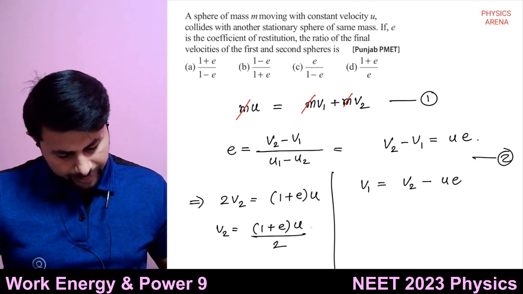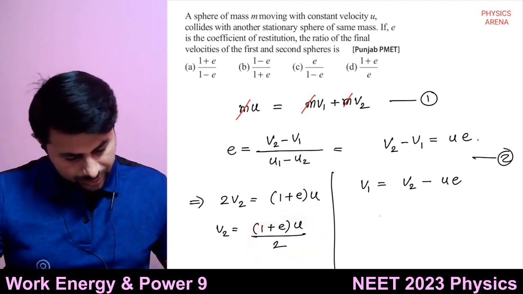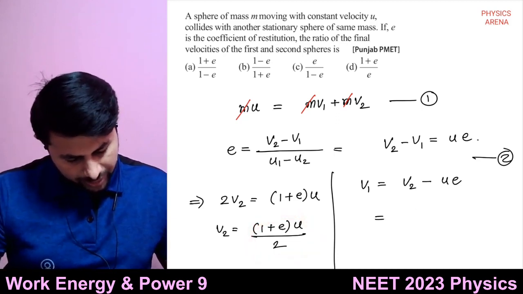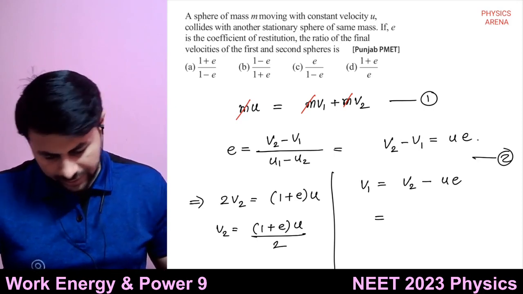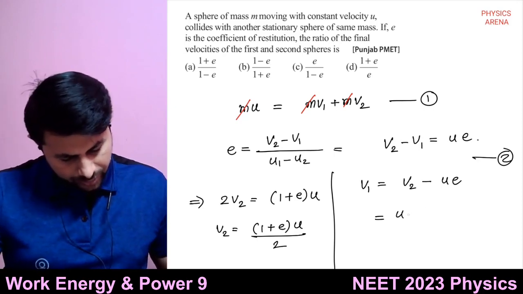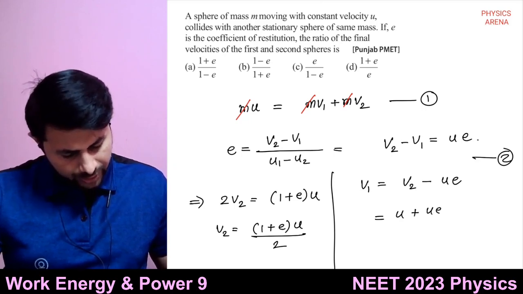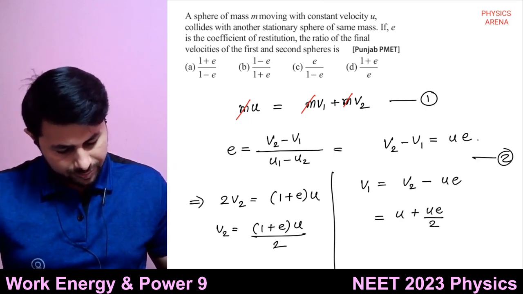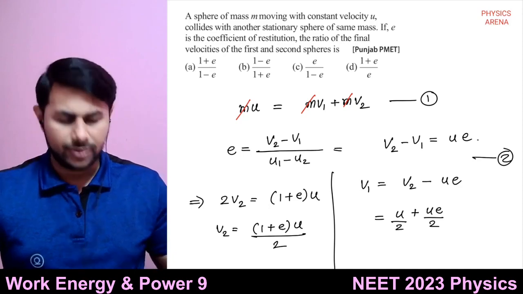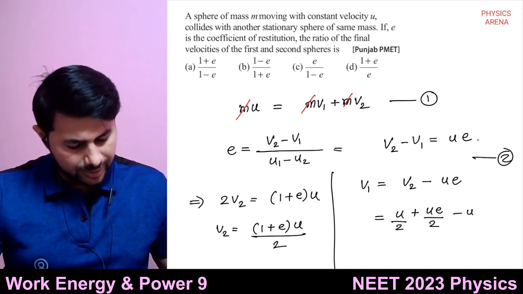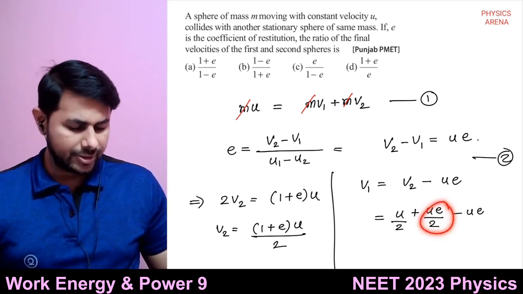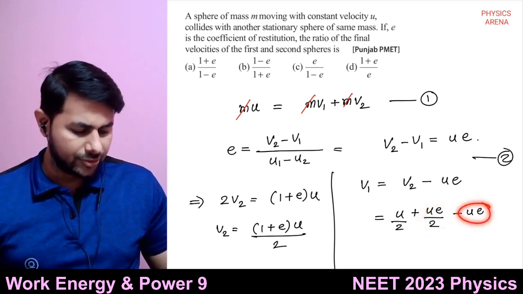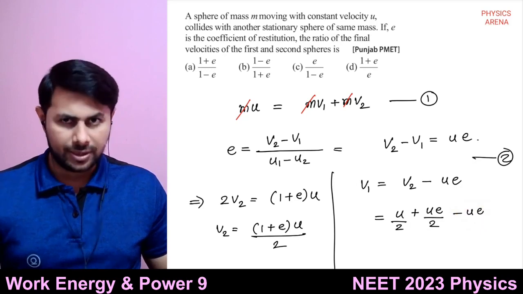Substituting, this is u by 2 plus u times e upon 2 minus u times e. u times e upon 2 minus ue is minus half of u times e.